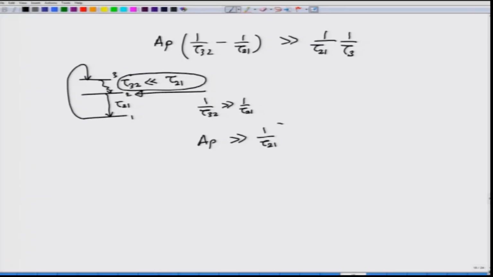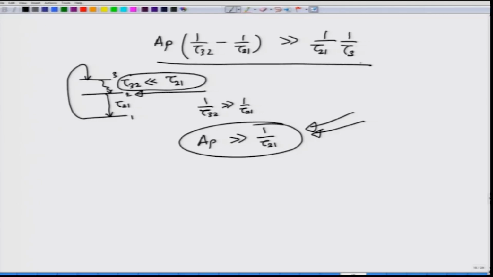So the condition on the pumping rate is that it has to be much larger than 1 by tau 21. This is an important condition, and if you are not clear about one or two points, please go back and solve this equation for yourself. Impose the condition that tau 32 is much smaller than tau 21, and you will be able to get this expression. Sorry, this is not greater than, this is actually approximately.